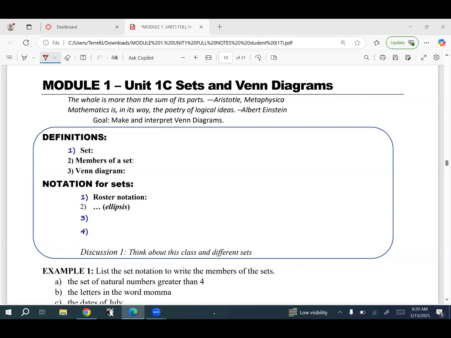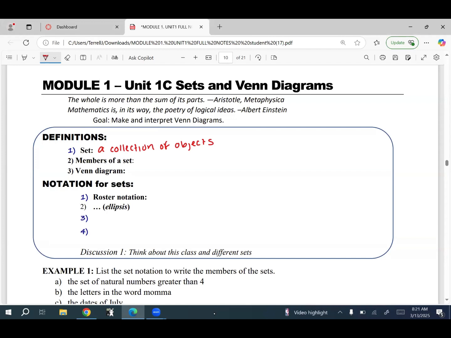So in math, a set is just a collection of objects. It can be people, things, but again, it's just a collection of objects.